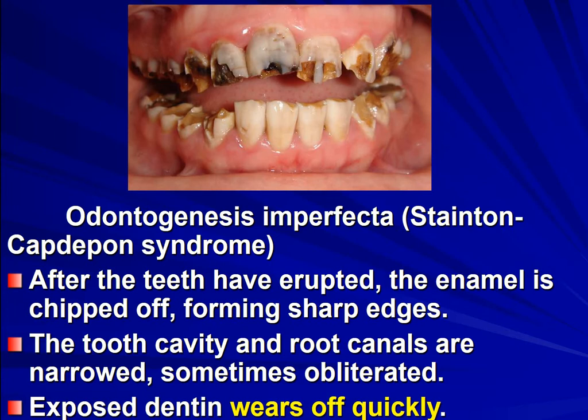After the teeth have erupted, the enamel is chipped off, forming sharp edges. The tooth cavity and root canal are narrowed, sometimes obliterated. Exposed dentin wears off quickly.